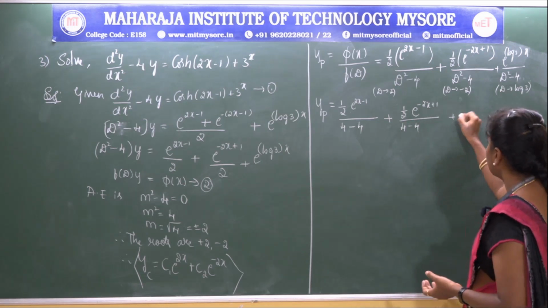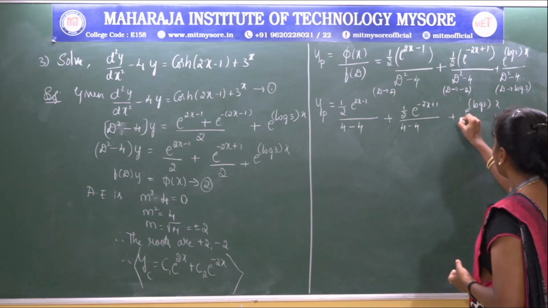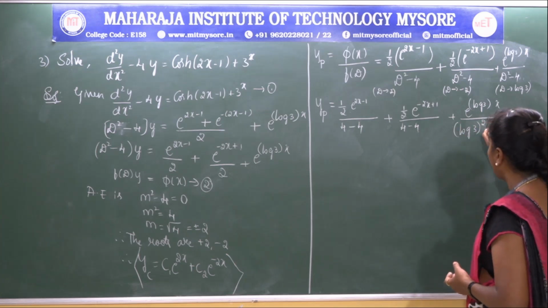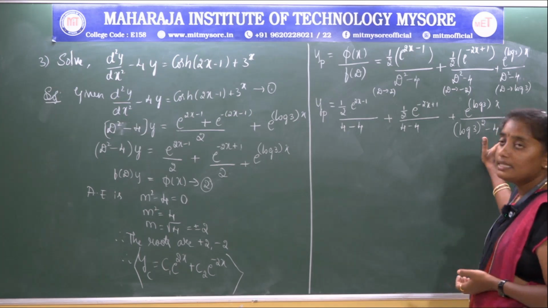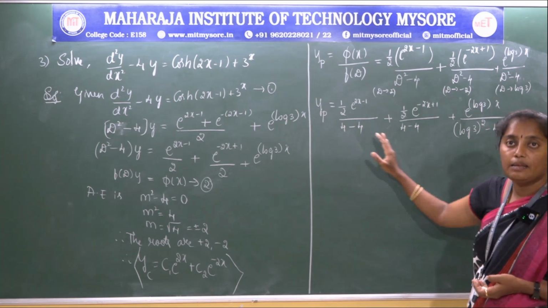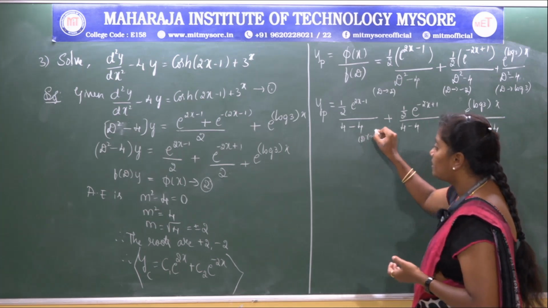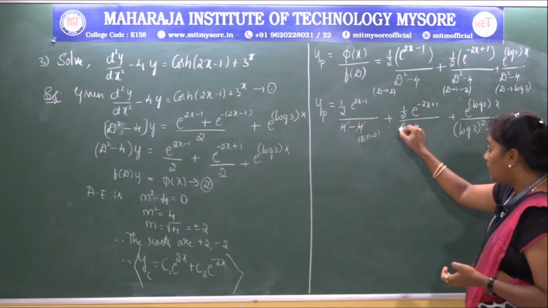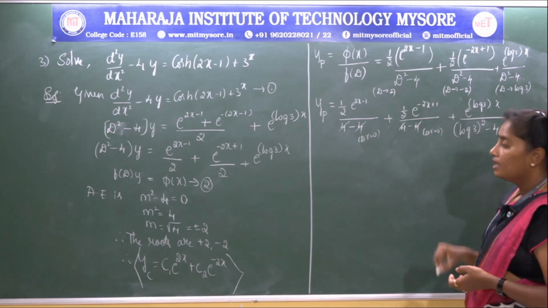And in the last term e to the power of log 3 of x divided by log 3 whole square minus 4. Here, except the last term, in the first two element, denominator value equal to 0. See here, 4 minus 4 equal to 0. Here also 4 minus 4, that is denominator equal to 0.